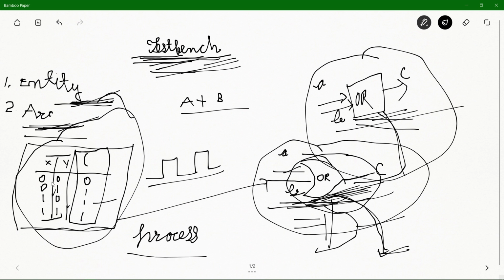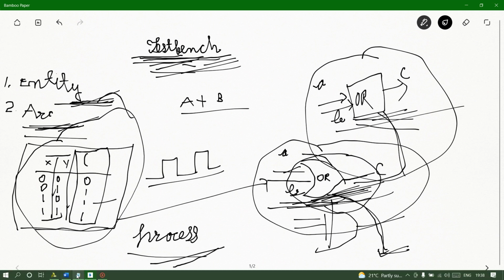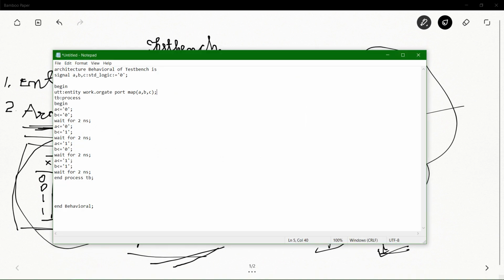Whenever I give the input and output values to my compiler, that has to be written inside a process. Okay. So here also I have initiated my process. For that, I have written TB, then a colon, and then process.